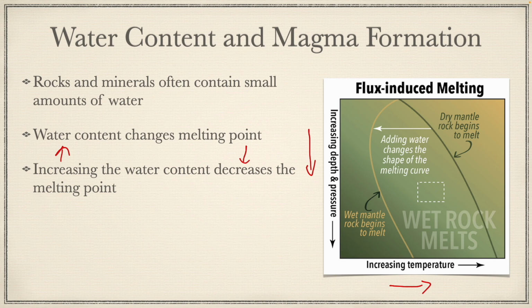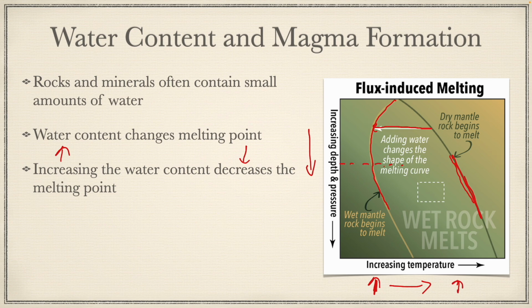Our dry mantle rock is going to melt out here at these higher temperatures. If you add water to that rock, it shifts the curve over to here. Since we shifted this curve to the left, it means it's going to melt at a lower temperature. So it's going to melt maybe at this temperature instead of having to get up to this temperature for a given depth.